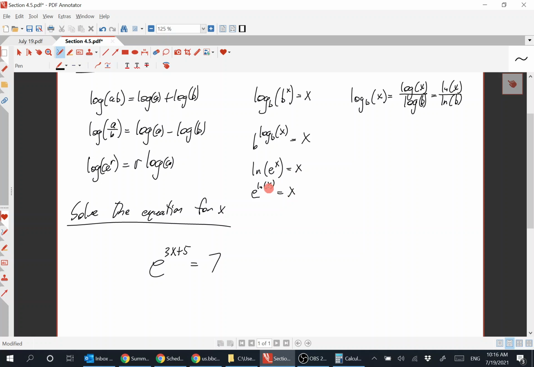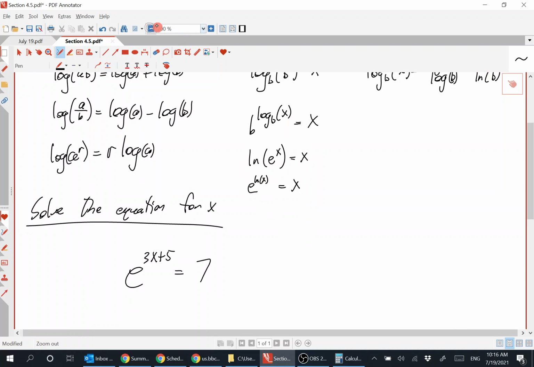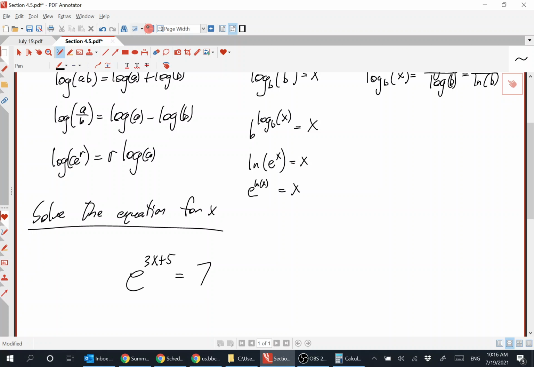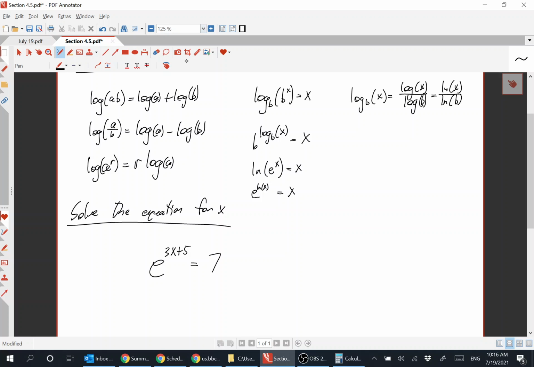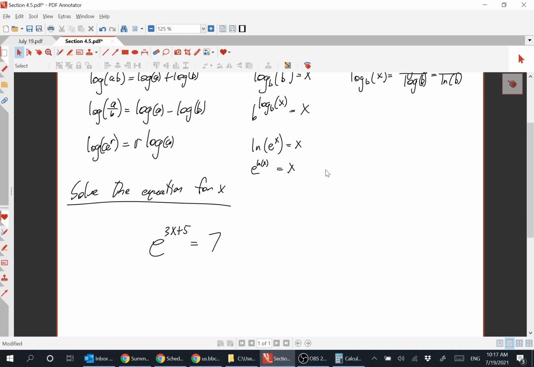It's a little cleaner looking when you just look at it with the natural log. These two formulae are for any base, but when you translate them to log base e, or natural log, they look like that.